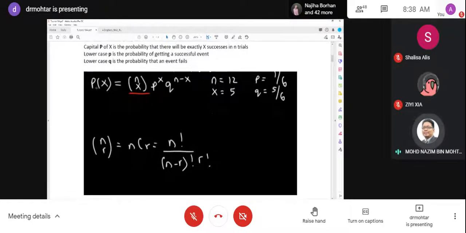Okay, first we have this. This is the formula, right? So you have all these parameters, and then you calculate this first here, right? This is how you calculate it.